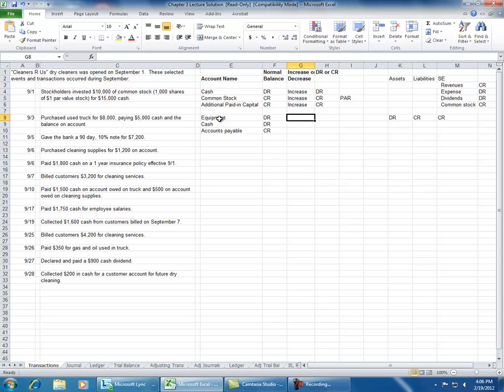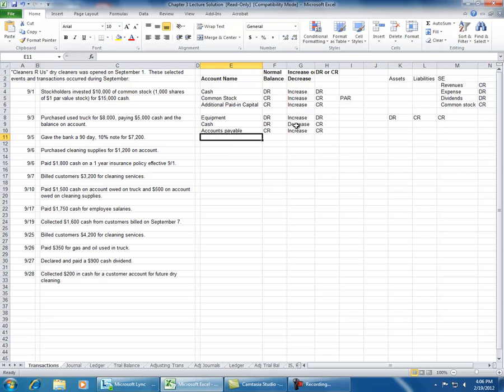And in this case, we're increasing our equipment, and we're decreasing our cash, and we're increasing our debts. Okay, so in this case, we're going to debit equipment. We're going to do the opposite. We're going to decrease cash, we'll credit cash, and we're increasing our payables, so we need to follow that with an increase.